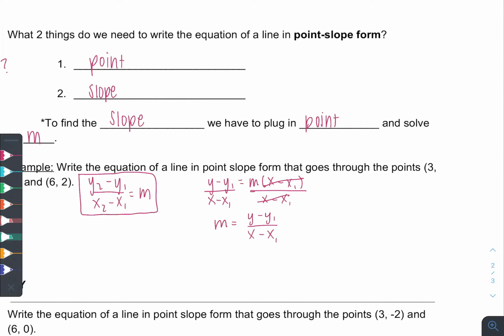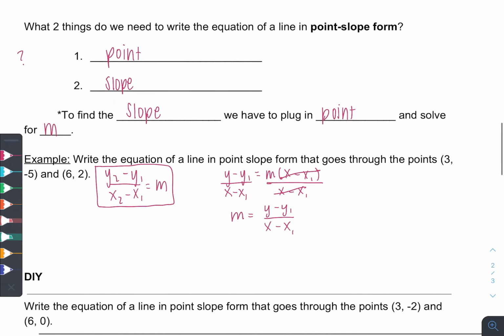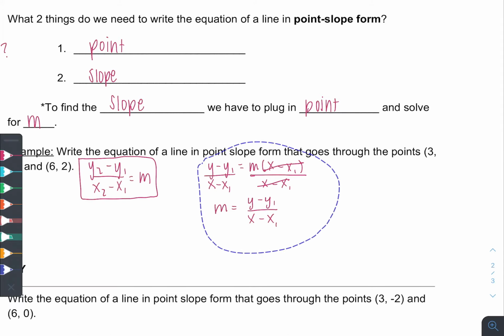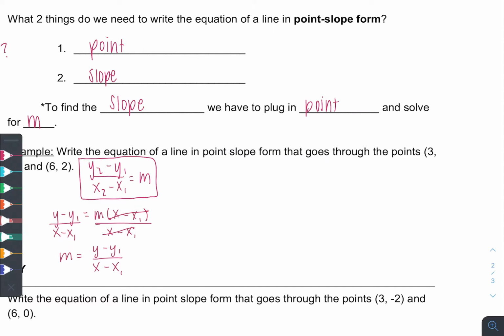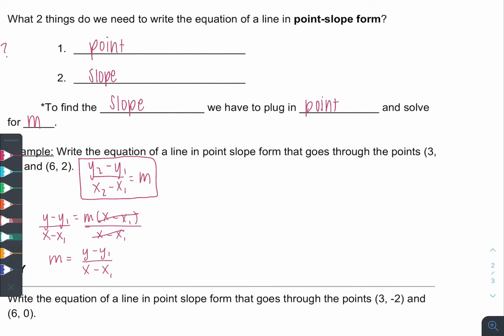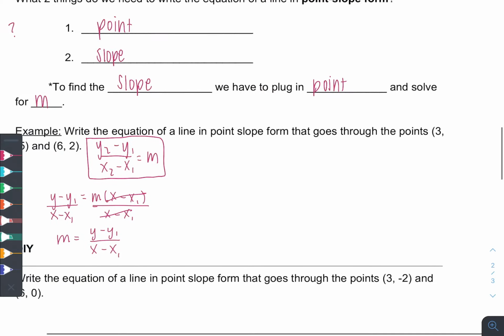Look, this is almost identical to this. The only difference is that we don't have 2's on those first x and y's. So we can just plug those into our equation to solve, or we can just plug them into our point slope form. I'm going to plug them into point slope form just so we can be fancy.